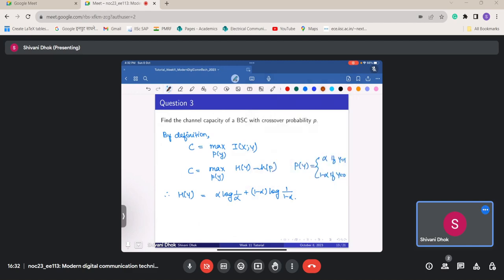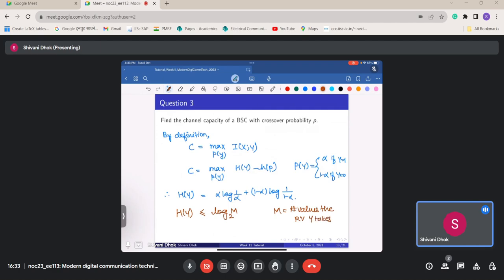Another thing to note here is that H(Y) is the uncertainty, and in the very initial lectures we had seen that this is less than or equal to log m to the base 2, where m is the number of values the random variable Y takes.